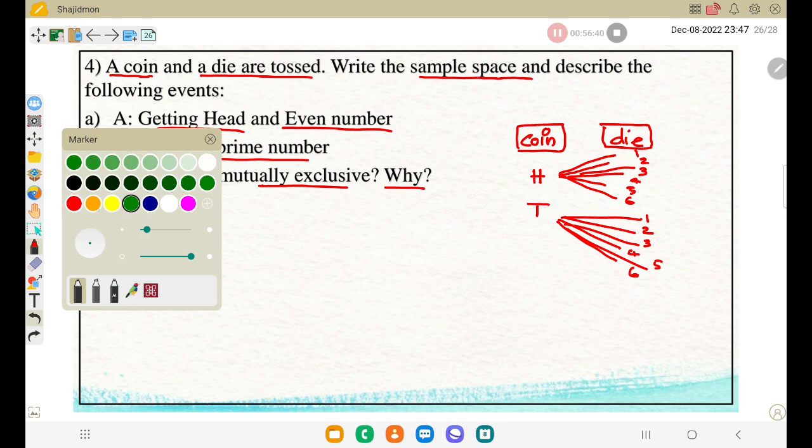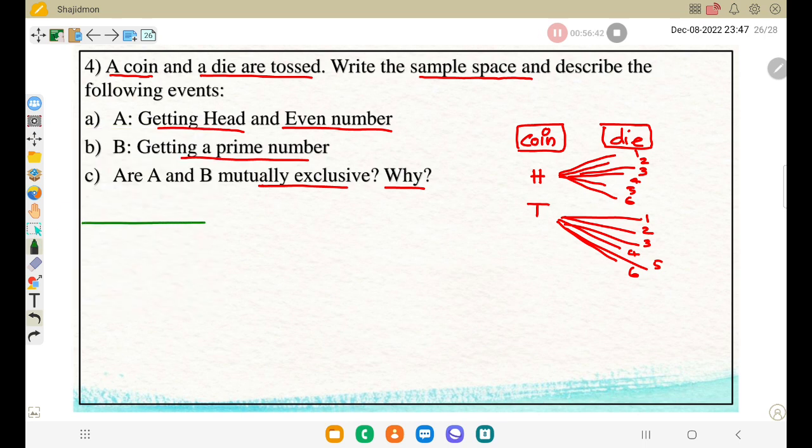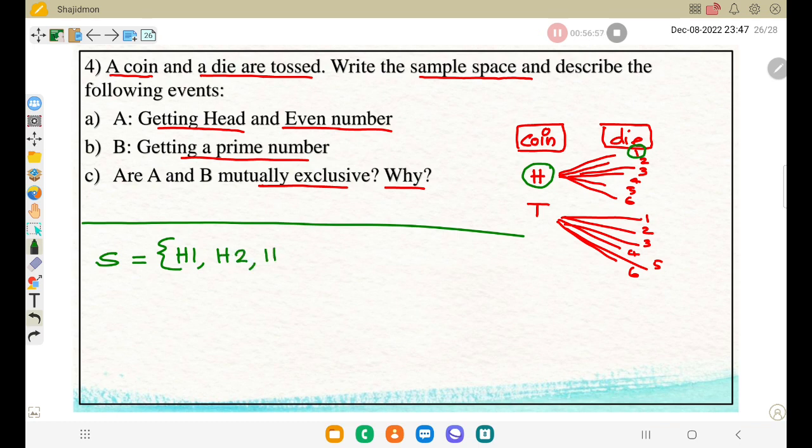That is the first part here. So I can write S equal to sample space equal to, what is the sample space? Head 1, first one. So H1, H2, H3, H4, H5 and H6.